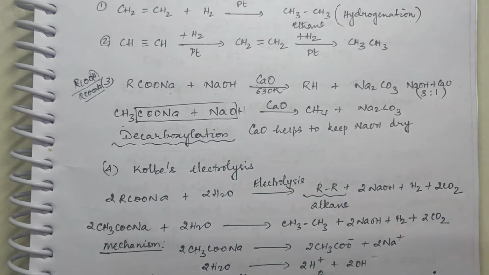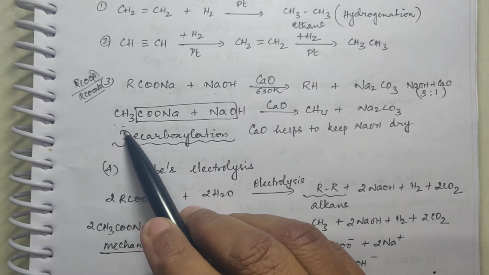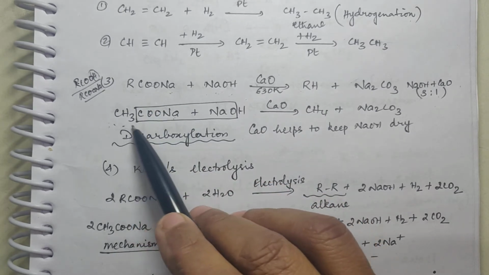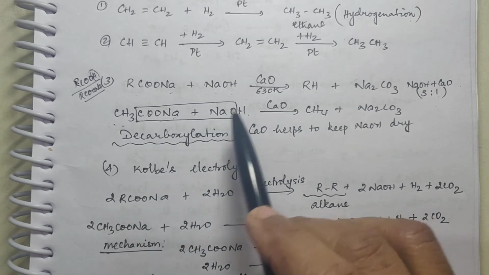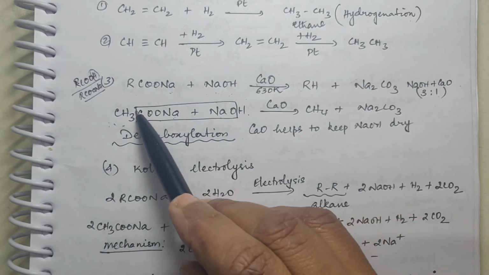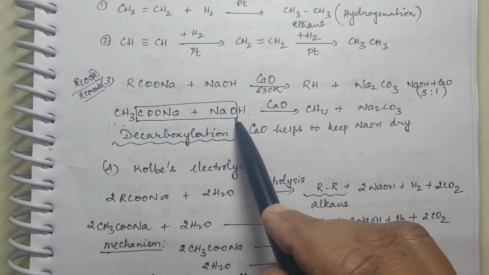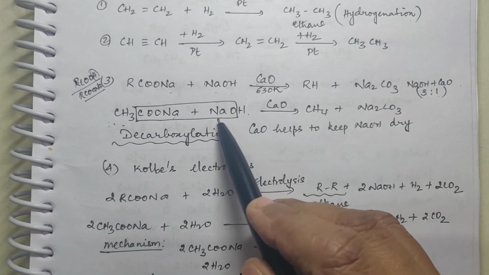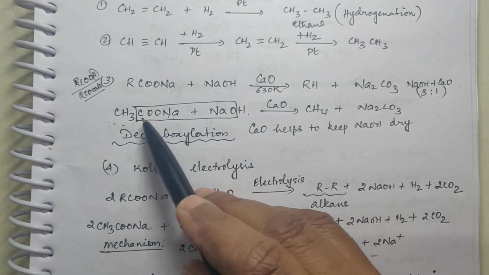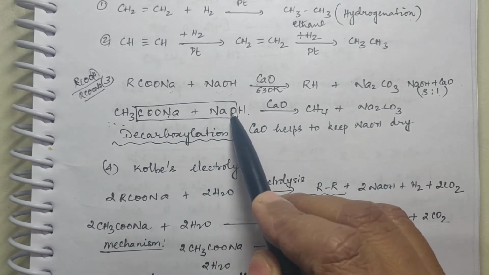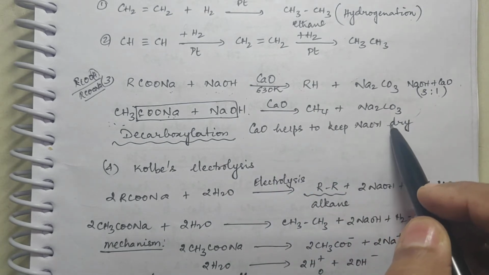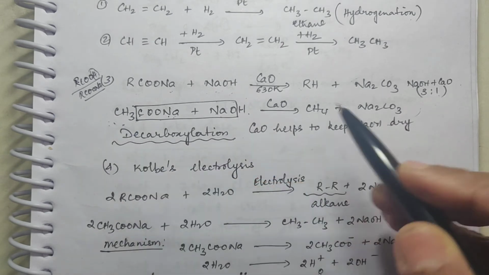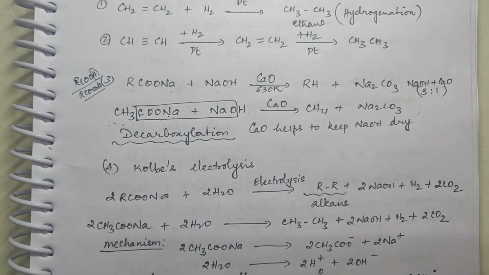Now what is happening here? I have taken a typical example, CH3COONa, that is sodium acetate, plus NaOH. Now what is happening, you see? Right from the CO till NaO, this is getting liberated in the form of Na2CO3. Na2CO3 is coming out as a byproduct, and this hydrogen joins with the CH3 group, so you will get CH4.